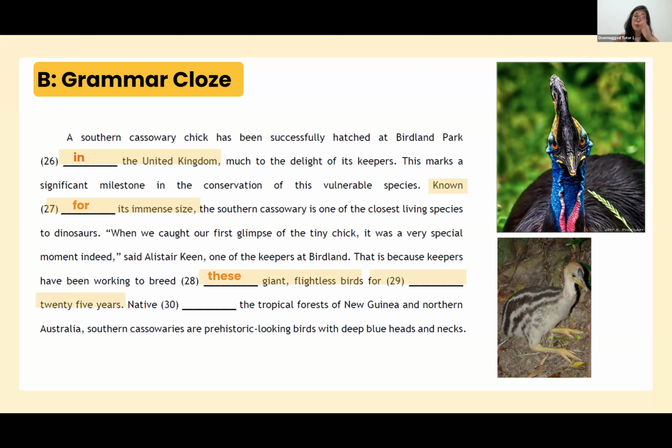When you're talking about a span of time, we often use the word for over a period of time. And finally, these birds are native blank the tropical forests of New Guinea. So they can only be found in those areas naturally. So native is always paired with to. Native to. Let's move on.